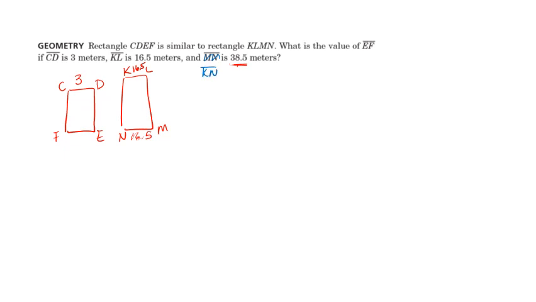And the same thing here, instead of EF, we're going to change this to CF, because that would have to be 3. No matter where you put the E and F, it would have to be 3. So there's no way for that not to be 3, no matter how you draw it. I think I put CF, yes. So if you'll change that. So what is the value of CF if KN is 38.5?